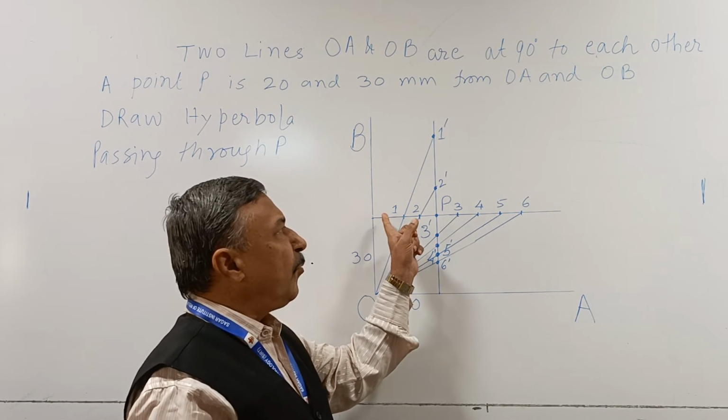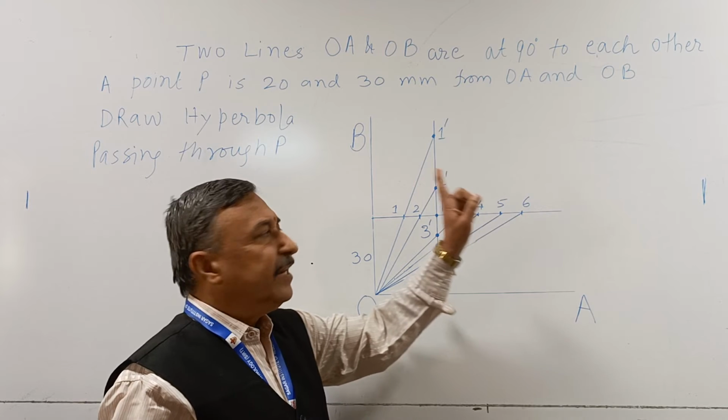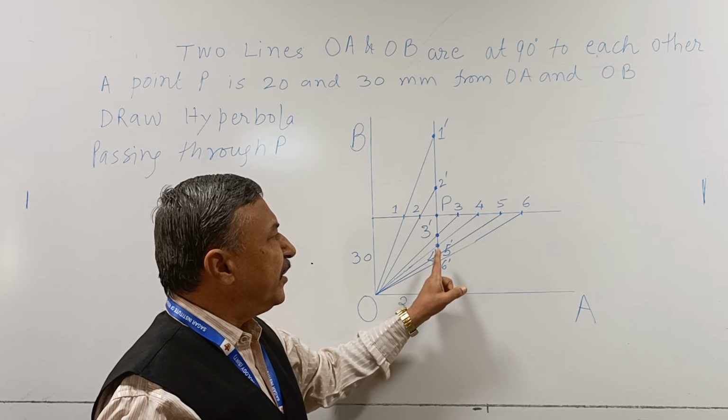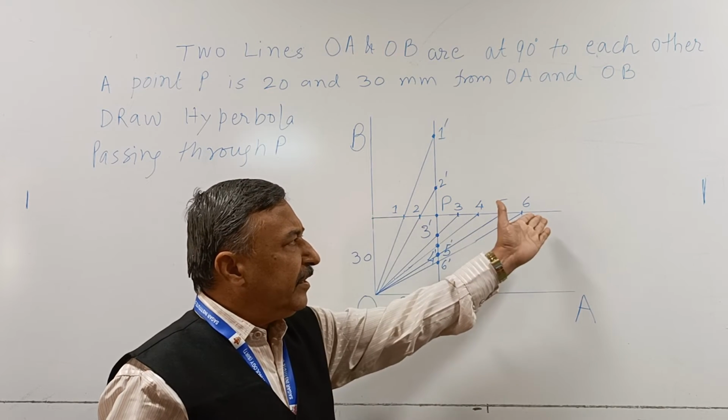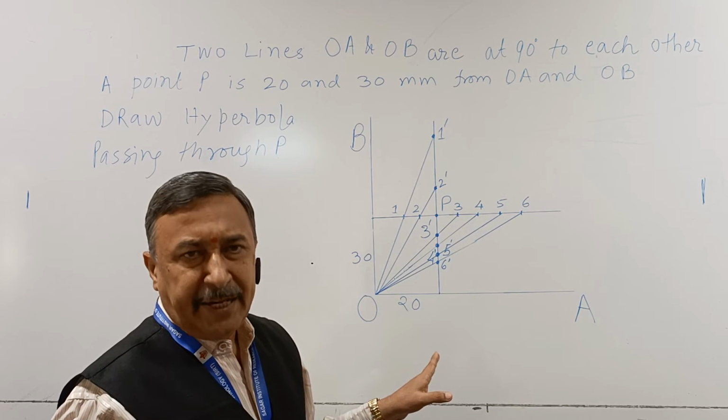So we have points 1, 2, 3, 4, 5, 6 and 1 dash, 2 dash, 3 dash, 4 dash, 5 dash and 6 dash on the horizontal and vertical lines.